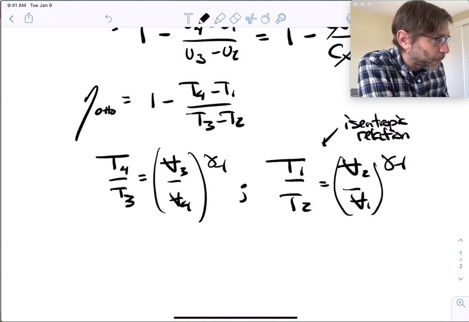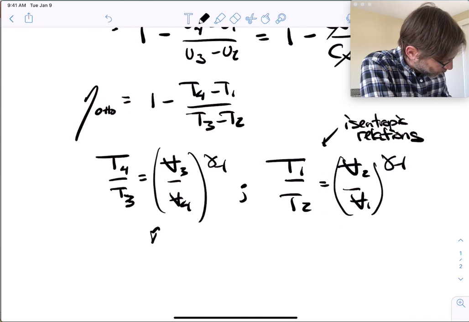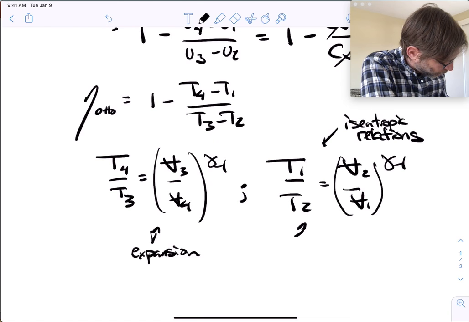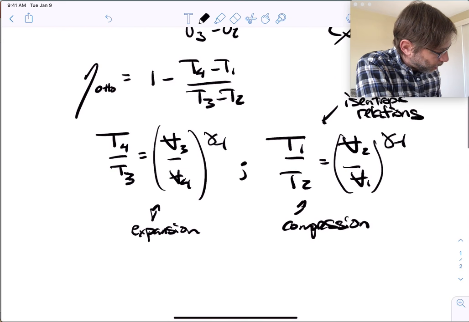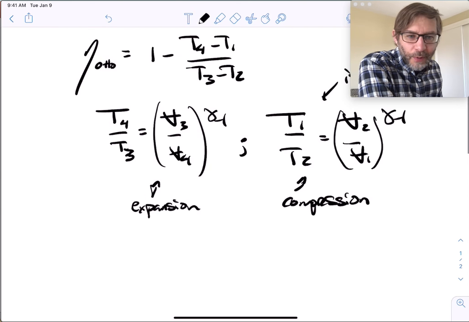So these are the isentropic relations. This is for expansion. This is for compression. So we have expansion and compression. Now what we can do is start messing around. Volumes are something we know.